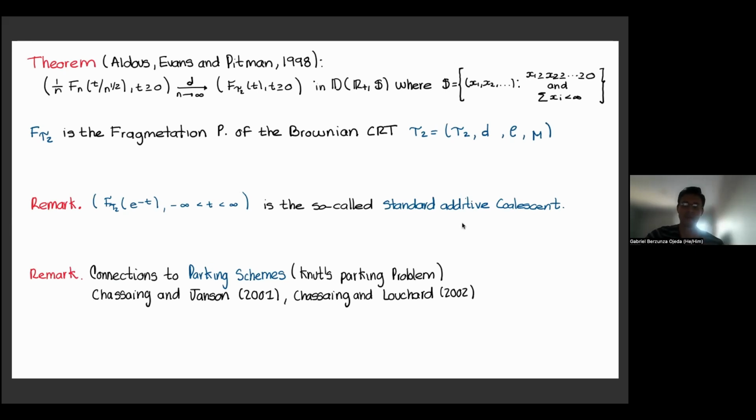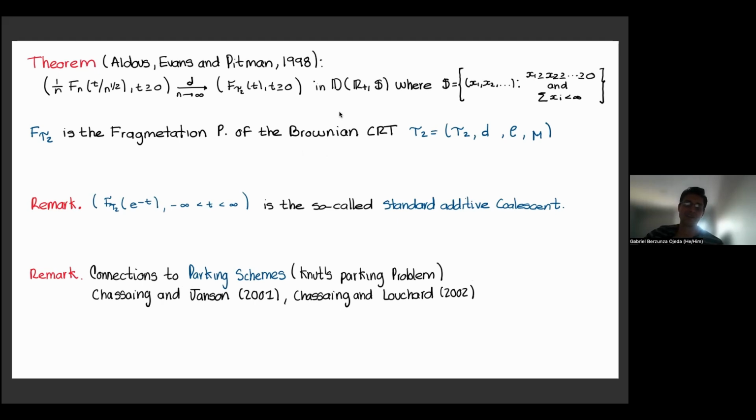This object will appear as a limit of several other models. In particular, there are connections to parking schemes, and in particular to cannibal parking problems. And here, for example, I have seen that Svante is here, so he has already done some work on that, and other people too.